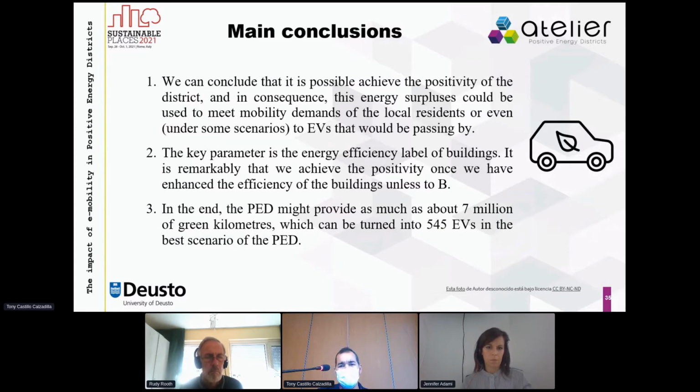It is remarkable that we achieve the positivity once we have enhanced the efficiency of the building. And in the end, the PET might provide as much as about 7 million green kilometers, which can be turned into 545 electric vehicles in the best scenario of the PET.